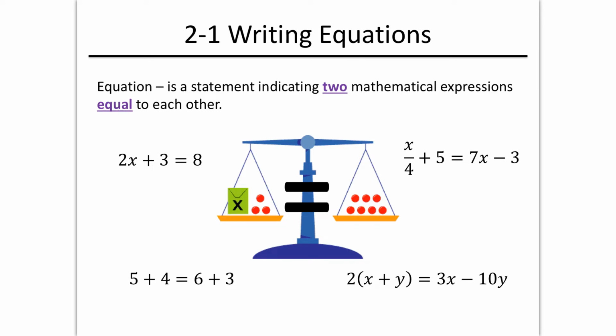Now, I have the picture of red balls on the right side of the balance scale, and on the left side we have 3 balls, and then we have a green bag, and we have a variable x. The way it works is when we have an expression or some numbers on one side of the scale, this weight has to equal the other side of the scale.